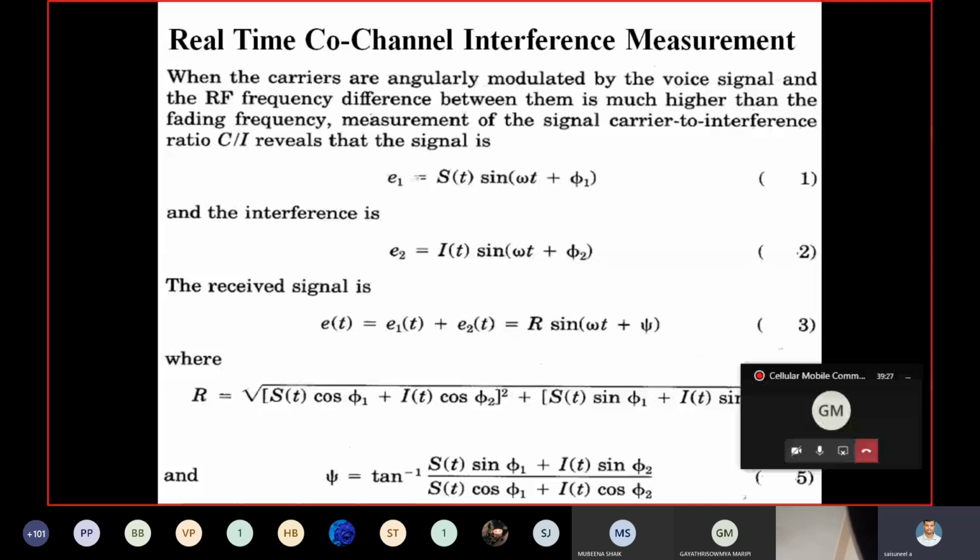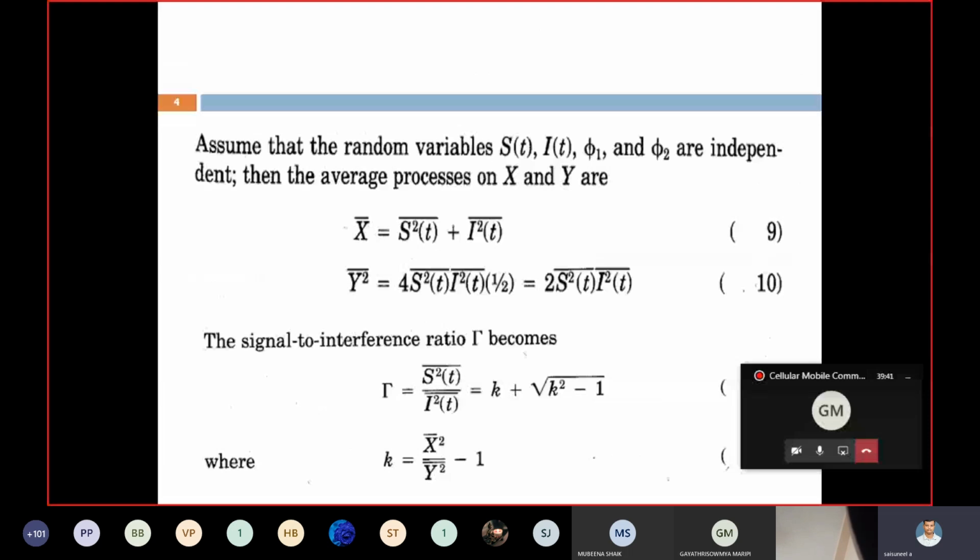With these x and y values, the signal to interference ratio is equal to s square of t bar divided by I square of t bar. Is there any delay time? We have to add some delay: in equation 1, instead of sin omega t, we use sin omega t plus delta t, in the place where the delay occurs. This is about how to calculate real-time coherent interference.